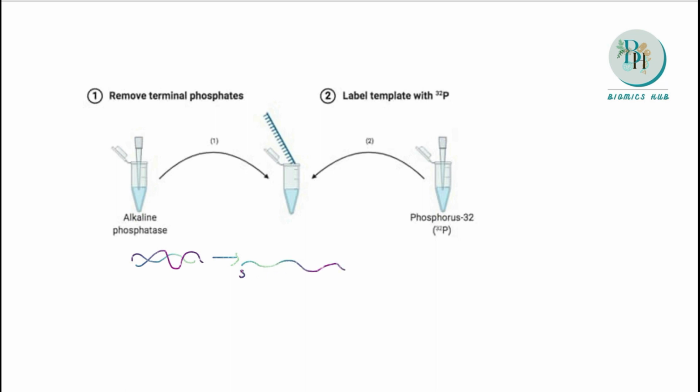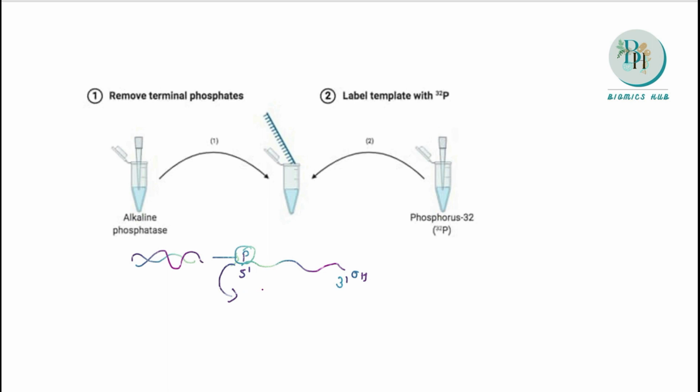We have a 5' end and a 3' end. At the 3' end there is an OH group present, and at the 5' end there is a phosphate group present. So the first thing is that we have to remove this with the help of an enzyme, that is alkaline phosphatase. What this does is it removes the phosphate group from the 5' end.